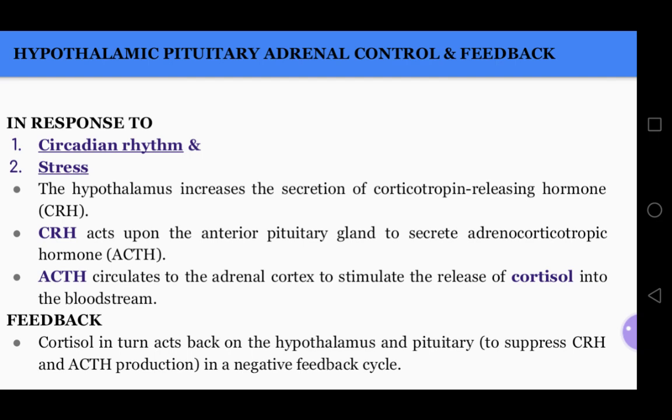It means when there is more than normal level of cortisol in the blood, it suppresses secretion of corticotropin releasing hormone CRH and adrenocorticotropic hormone, that is ACTH. And if the level of cortisol is lower than normal, then it increases secretion of CRH and ACTH.